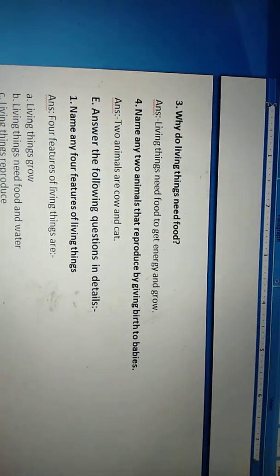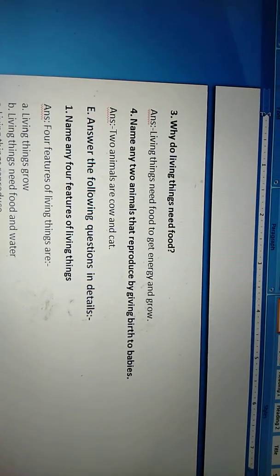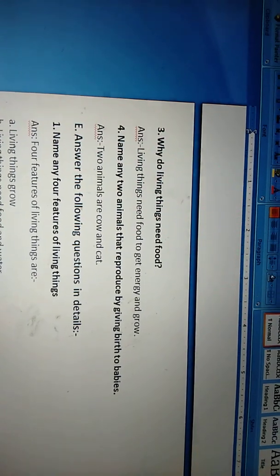You can write horse, tiger, lion, anything. Whatever you want, you can write. But that animal should give birth to babies. Okay. You will not write crocodile. Crocodile gives eggs, not birth to babies. Okay.